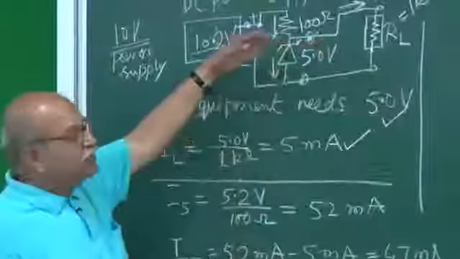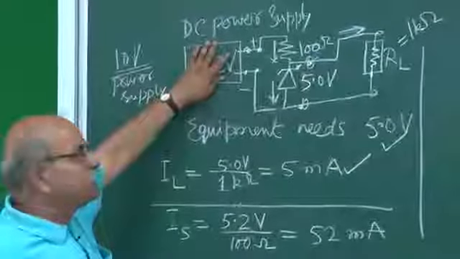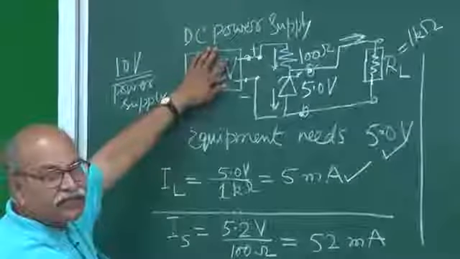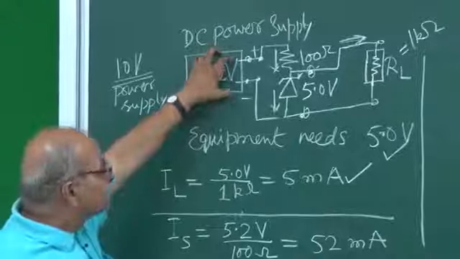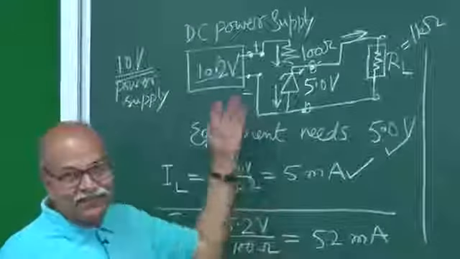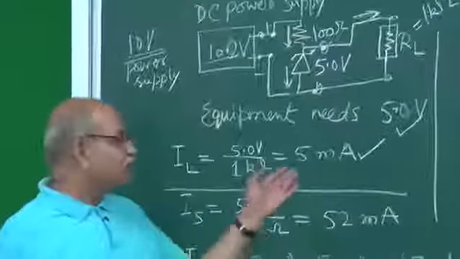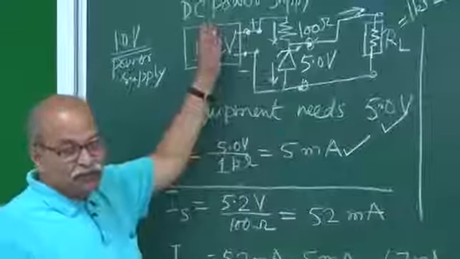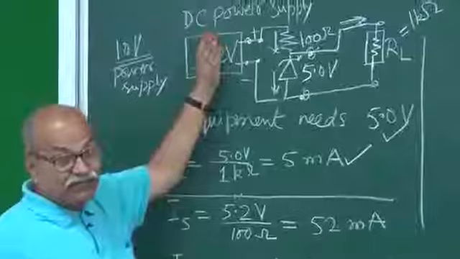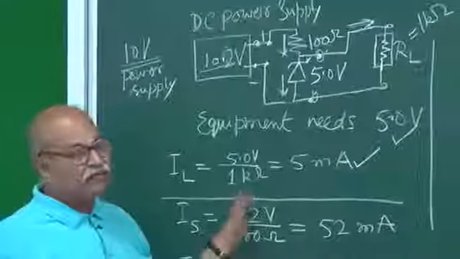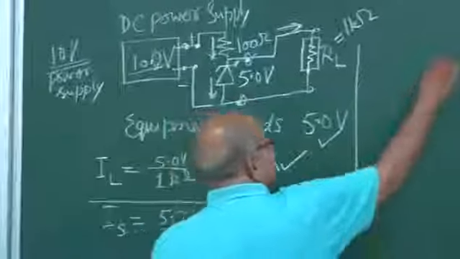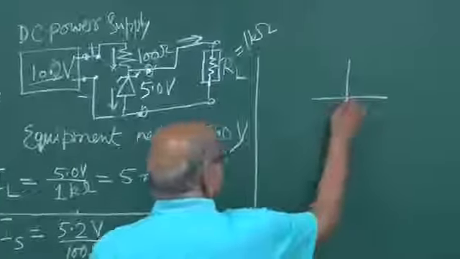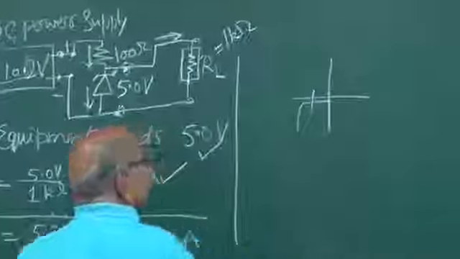But remember, your fluctuation should not be so high that this voltage goes less than the breakdown voltage. Then this will not work. If it is meant for 5.0 volt and supply voltage goes to 4.8 or 4.7, then this whole thing will not work, because then you are not in the breakdown region, you are somewhere here.